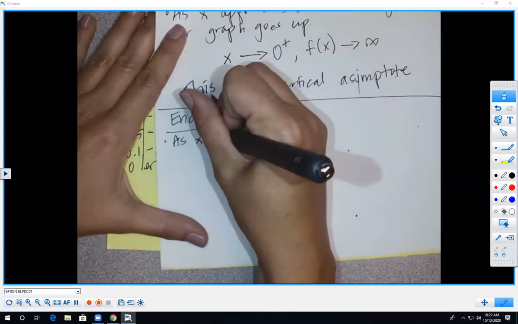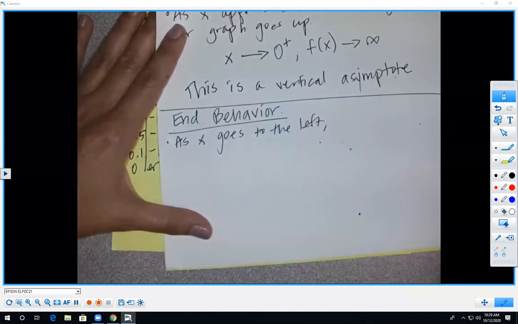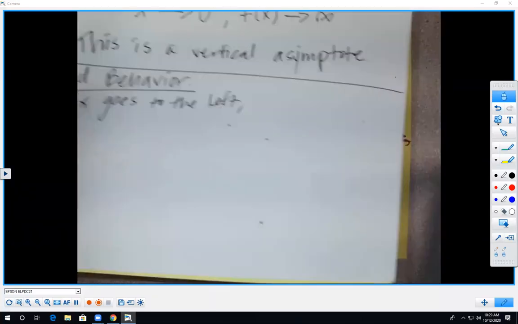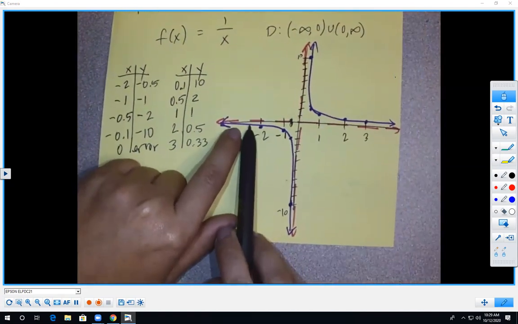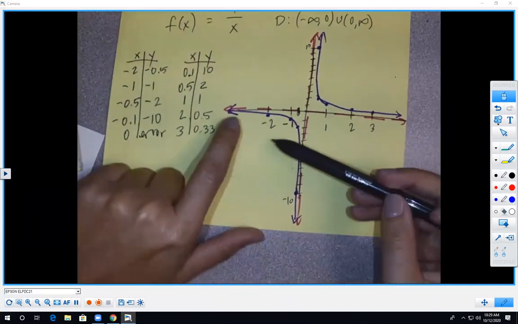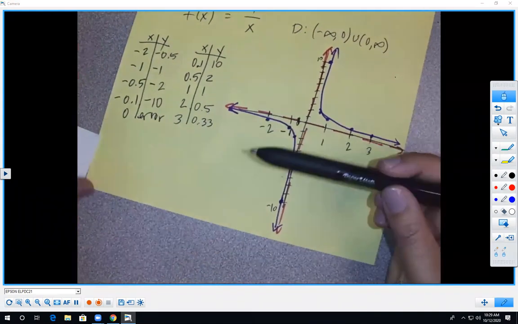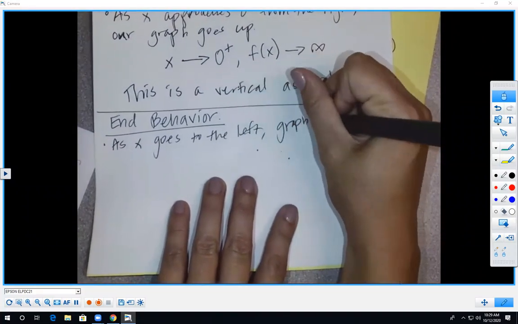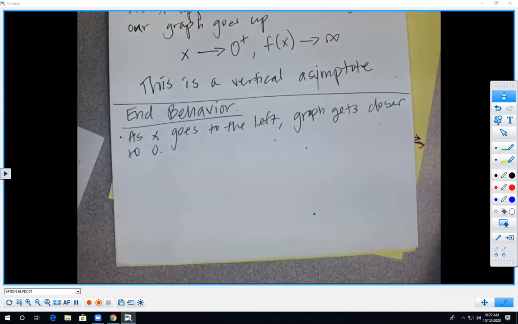As x goes to the left, as we get further and further to the left, what is your purple line getting closer and closer to? Zero, the y value of 0, right? As x gets to be a bigger negative number, my y value is getting closer and closer to 0. So the graph gets closer to 0.